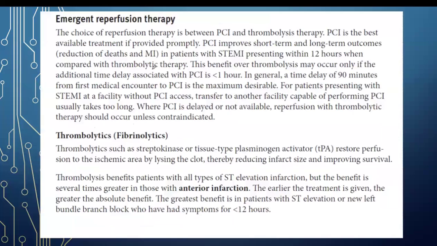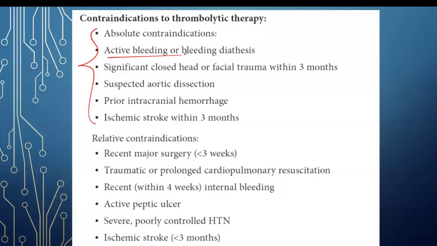The absolute contraindications are any active bleeding disorder, significant facial trauma or head injury within 3 months, suspected aortic dissection, previous history of hemorrhagic stroke or intracranial hemorrhage, and an ischemic stroke within the last 3 months. For this kind of patient, you can't consider fibrinolytic therapy anymore.